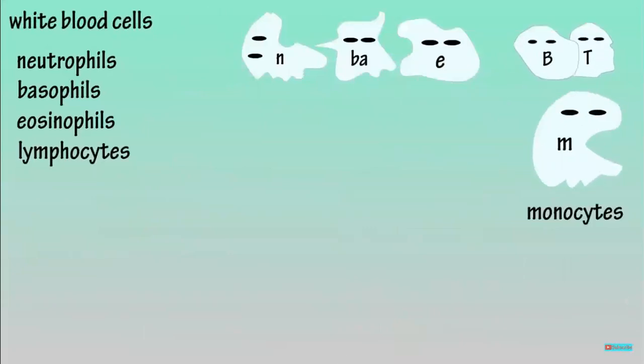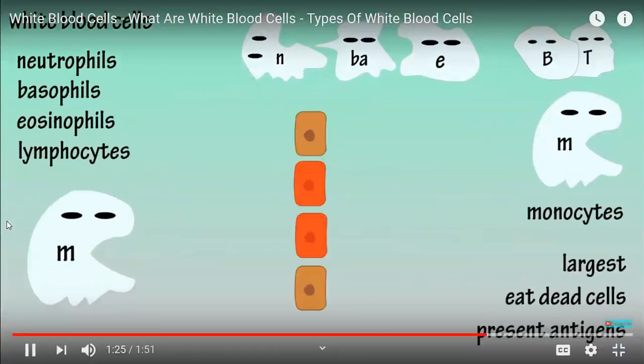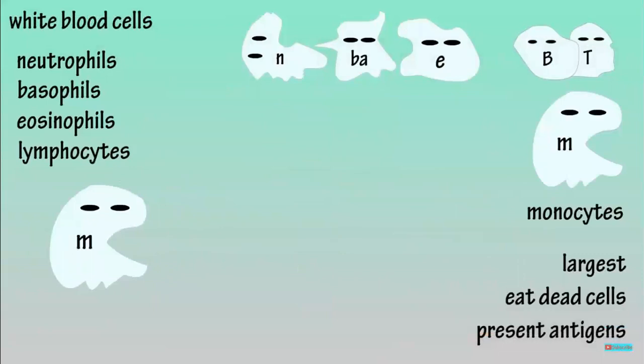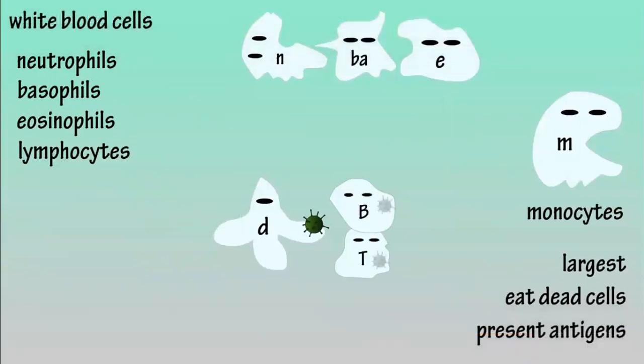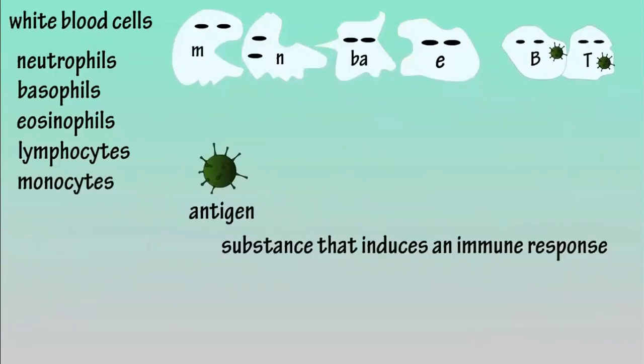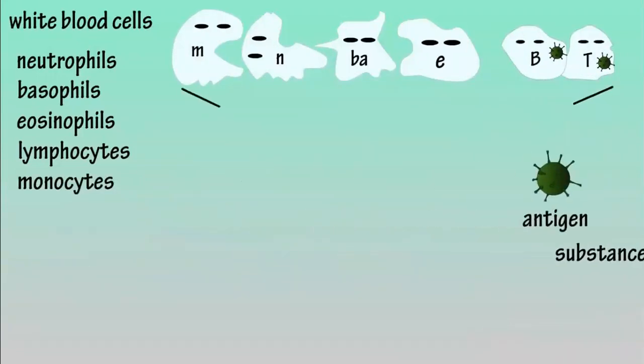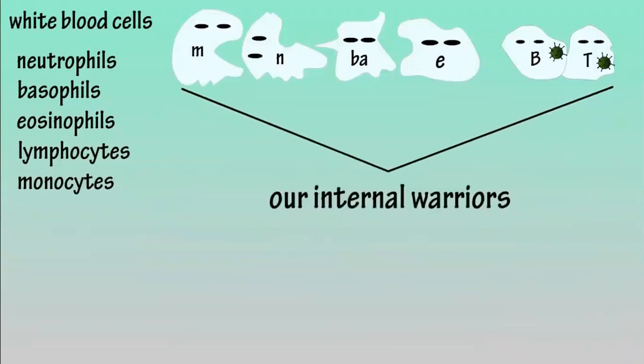Monocytes are the largest white blood cell, and they basically consume dead cells. They can also change into dendritic cells and present antigens to T and B cells, which in turn can attack the antigens and now have a stored memory of the antigen. You can think of antigens as substances that are harmful to the body. White blood cells are essentially our internal warriors, protecting us from invaders.